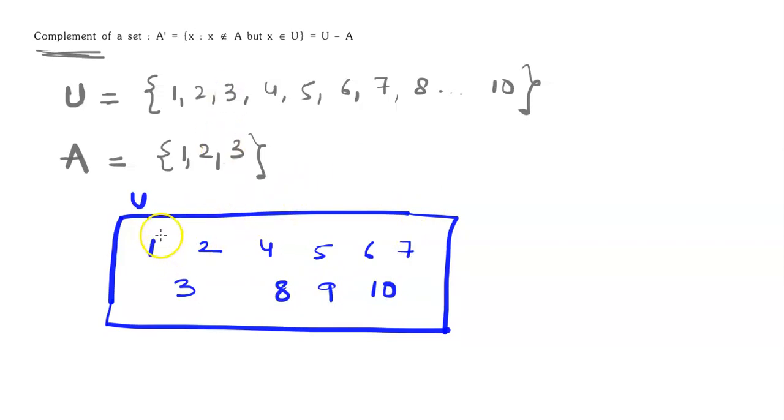And then there is a set A which has the values 1, 2, 3. The complement of a set is anything which does not belong to A but belongs to U. So in this case, it would be these values.